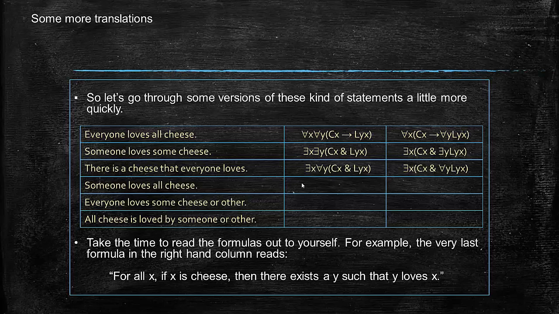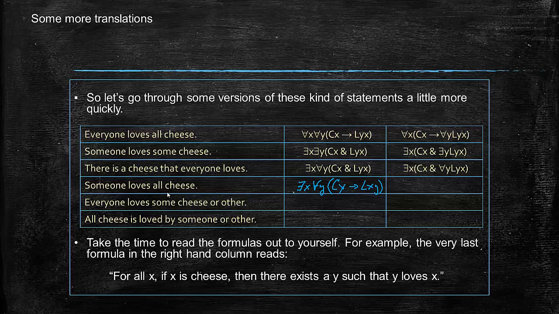Someone loves all cheese. There is someone. There exists an x such that for all y, if y is cheese, then x loves y, right?